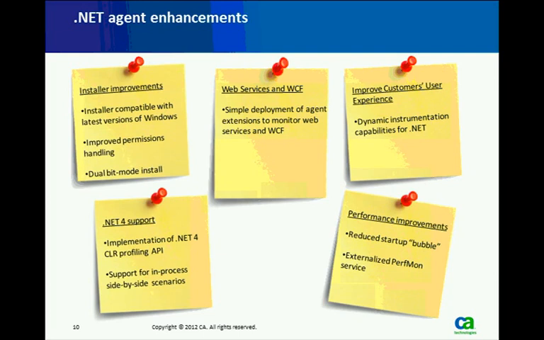I think we know and we acknowledge that installing and deploying the agent itself has been troublesome. And it has been especially troublesome in some of the newer versions of Windows Server, like Windows Server 2008 and Windows Server 2008 R2.